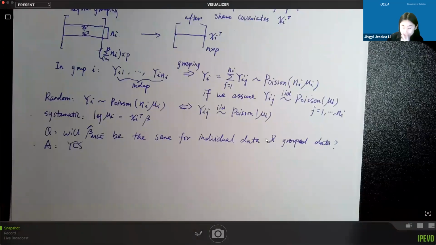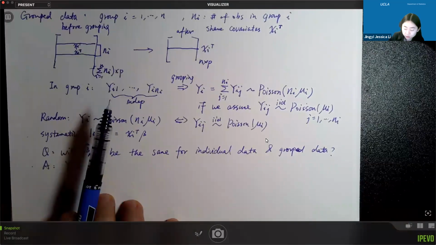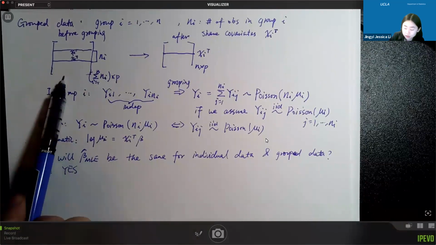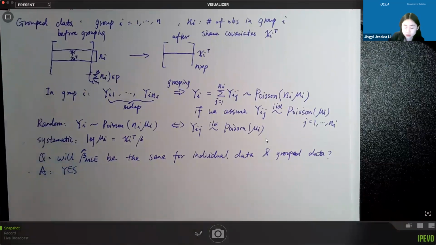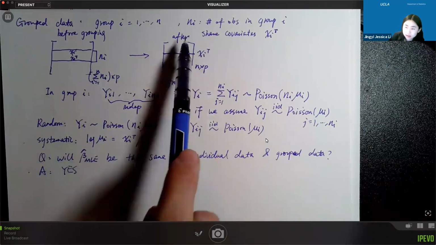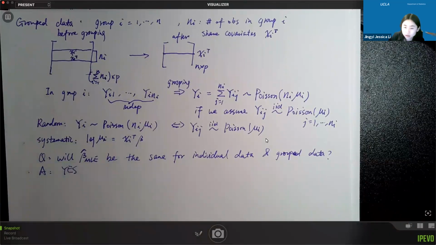If you don't stack your observations, but just use the original individual data design matrix to run the Poisson regression, versus you combine the repetitive rows to get the group data design matrix and run Poisson regression on group data, you will have the same MLE estimate, and the MLE will also have the same variance. So nothing is changed.